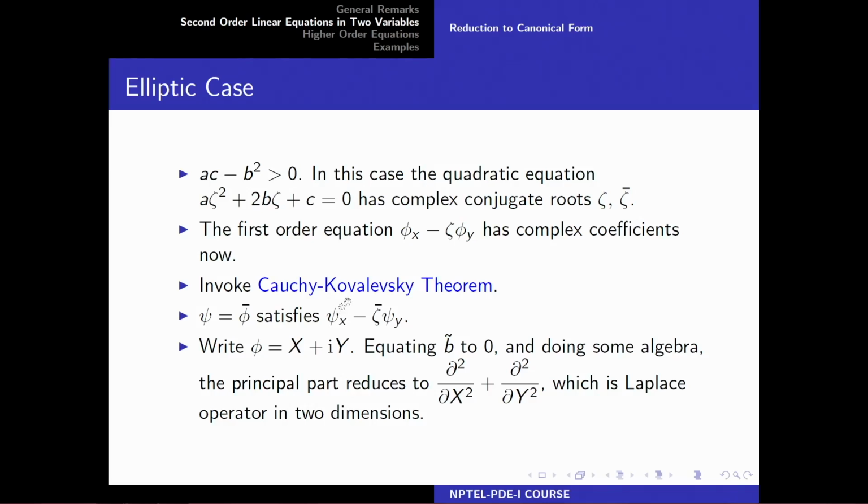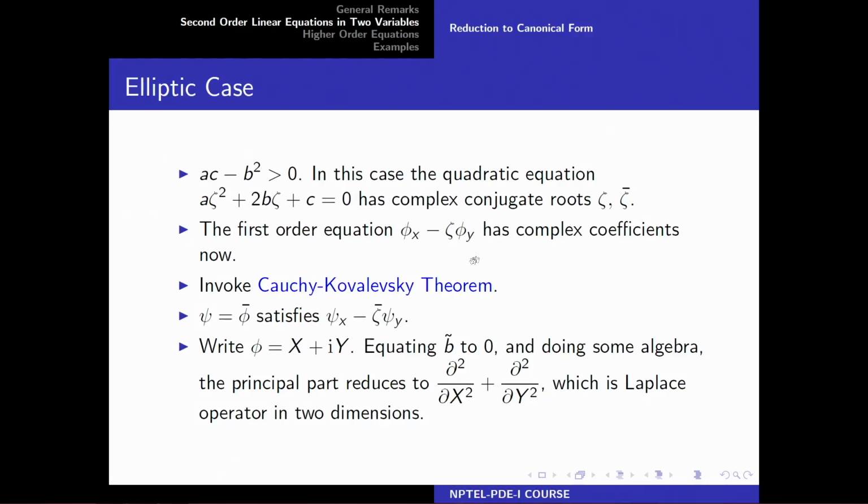So, if phi satisfies this equation, then psi, the complex conjugate of that, satisfies psi x minus zeta bar psi y equal to 0. And once we accept that, we have a solution.